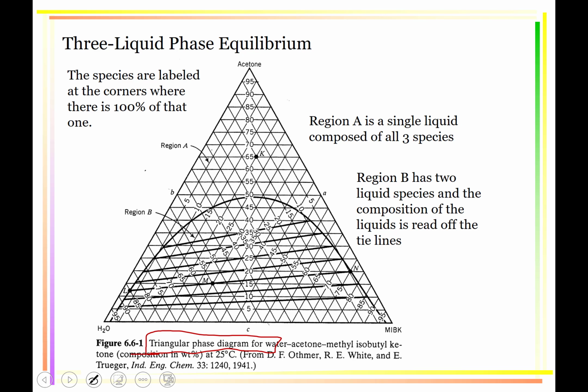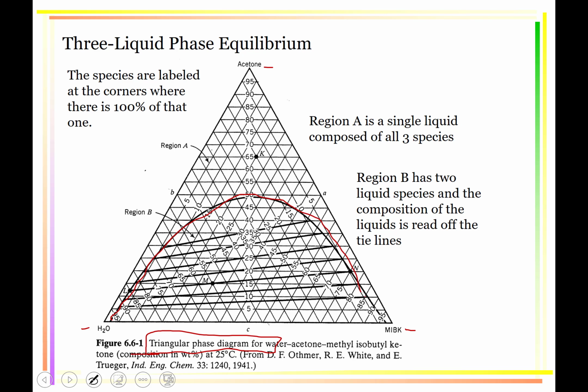So this diagram has acetone, water, and methyl isobutyl ketone, MIBK. And on this diagram, you see there is a phase envelope. And this is the phase envelope.